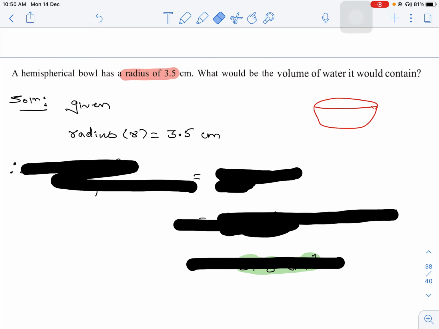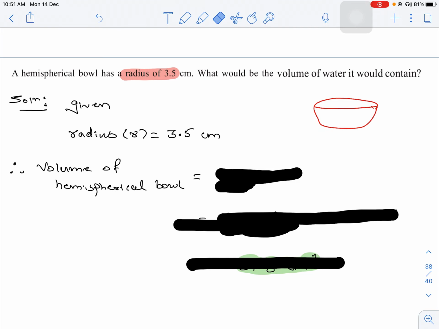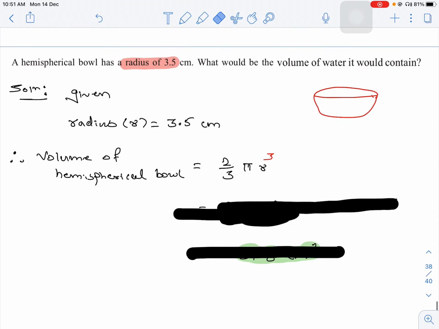Given radius r equals 3.5 centimeter. Now we know the volume of a hemisphere: the volume of a hemisphere equals 2 upon 3 pi r cube. In the next step, we put the value for this r.